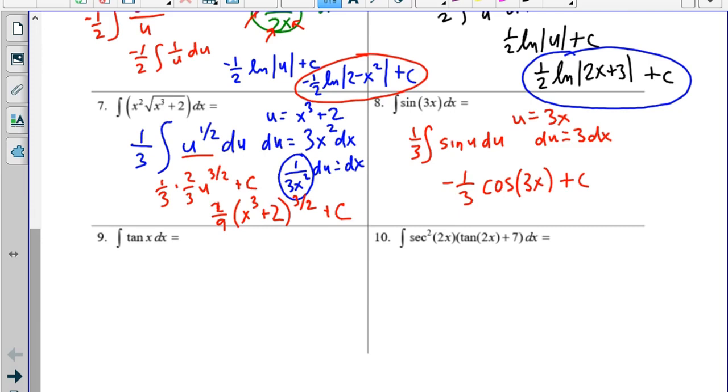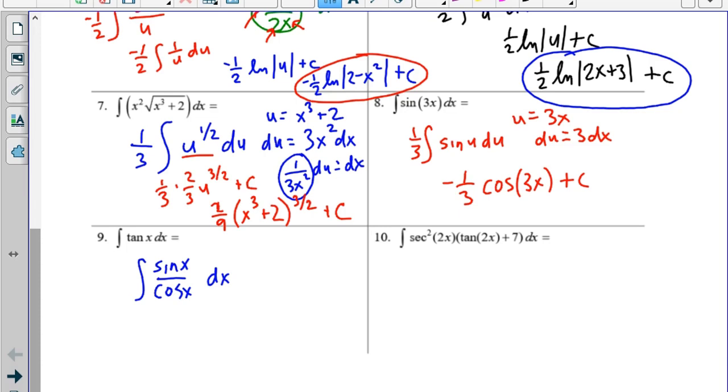And when I'm looking at this, notice that tangent is the same thing as sine of x over cosine of x. So I have two choices. I can either make u equal to sine or u equal to cosine.